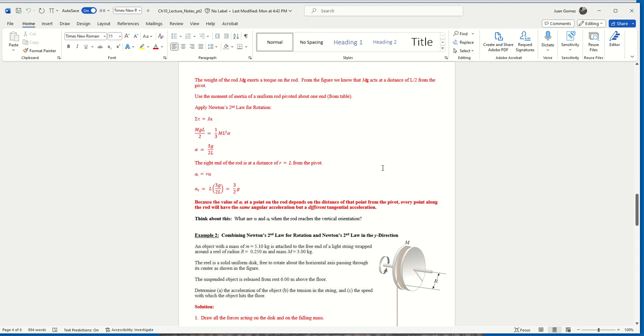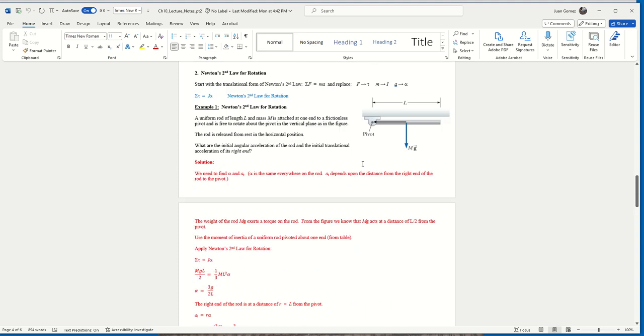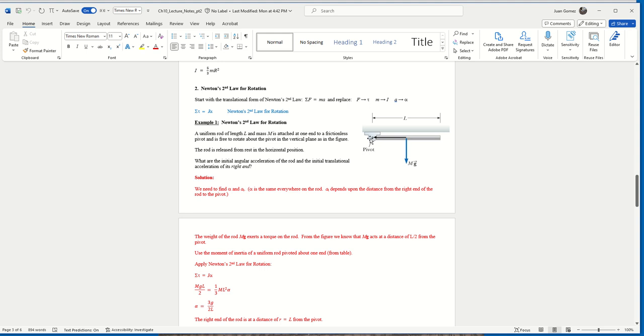It's sort of interesting. You can Google a video on YouTube, I should have embedded it in the lecture, where you take this case, a uniform rod pivoted about one end, and you stack a couple of coins, like 2 or 3 pennies or nickels, on one end, and then the rod is released from rest.